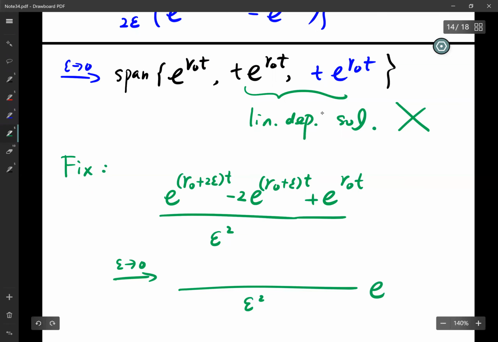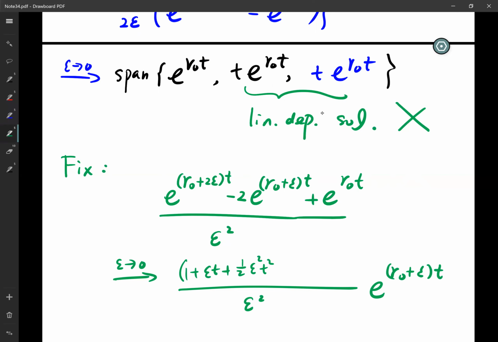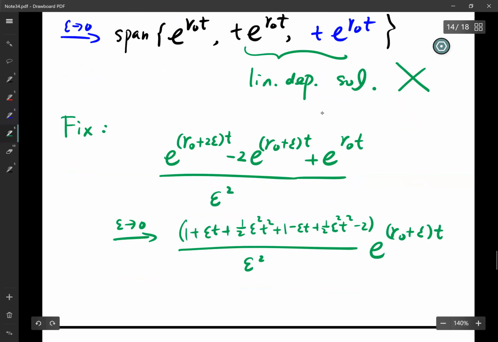So this is r0 plus epsilon t, and this is exponential t, epsilon squared t squared, and this one is minus that, minus epsilon t, epsilon squared t squared, minus 2, and then there are all the epsilon cubed terms going on. Epsilon cubed will cancel with this epsilon squared. There's an epsilon term going on.